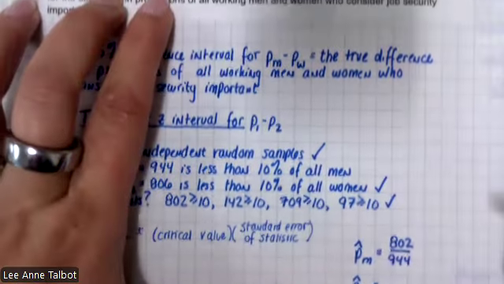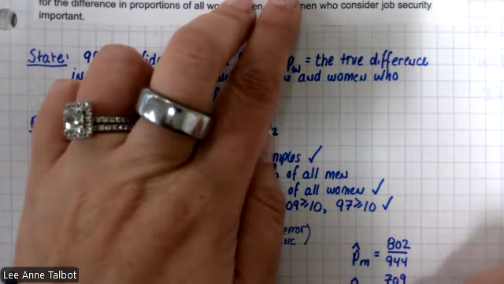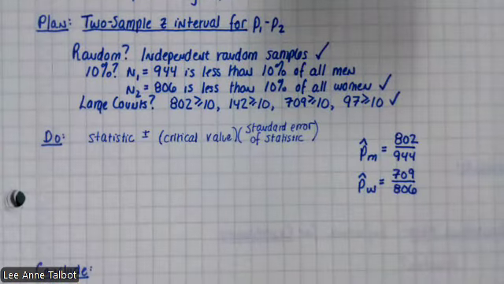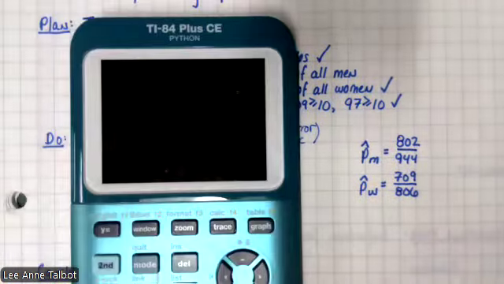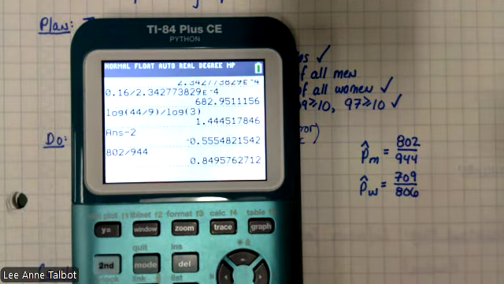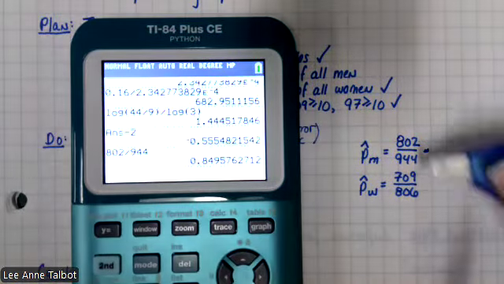And what is p hat for the women? Perfect. And we'll find decimals for those because I just can't work with those fractions. I could, don't want to. That's unattractive.